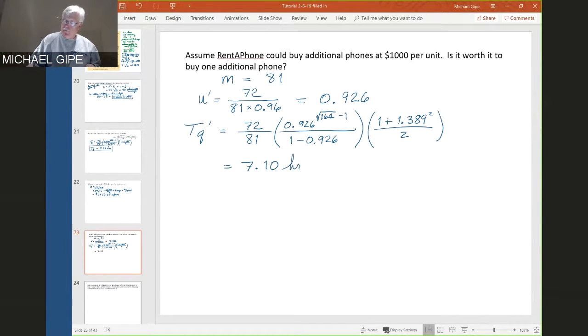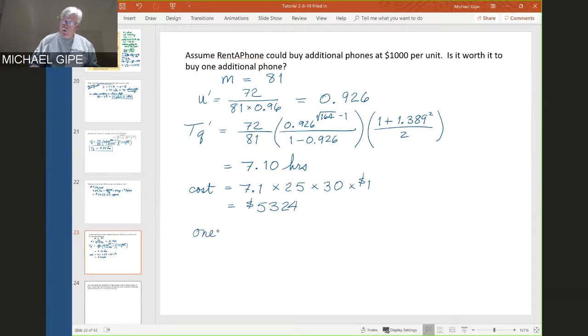Plug that in, and we have 7.10 hours. We went from almost 10 hours down to 7. So we're more than 2 hours less waiting. And the cost now is 7.1 hours times 25 customers times 30 days times $1. That's going to be $5,324.